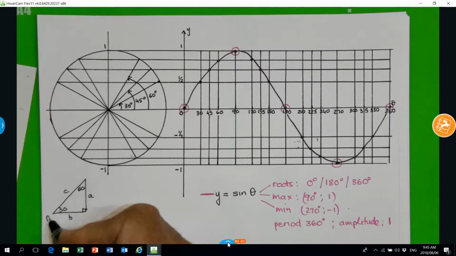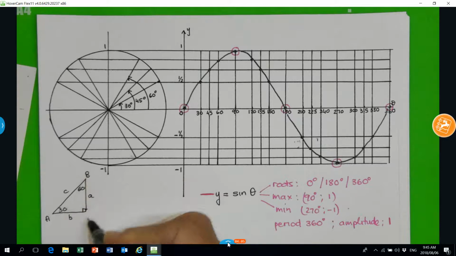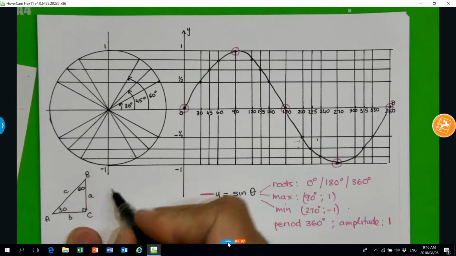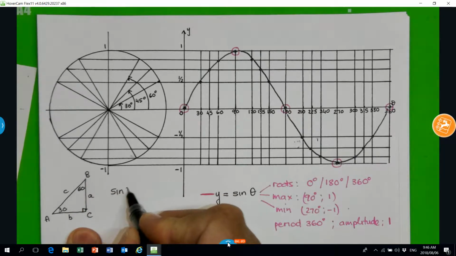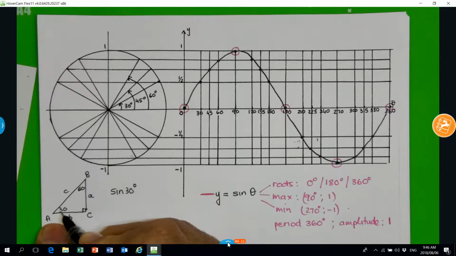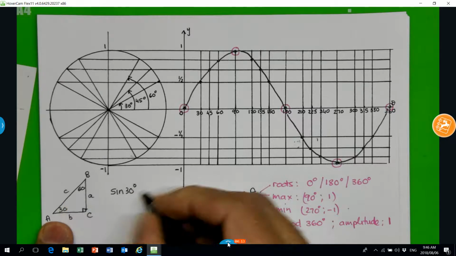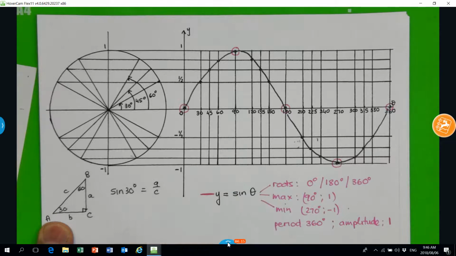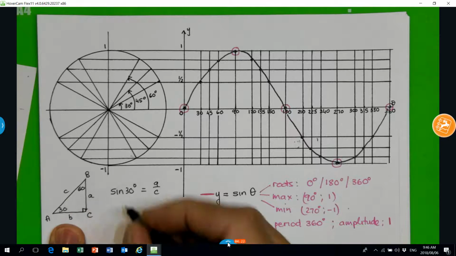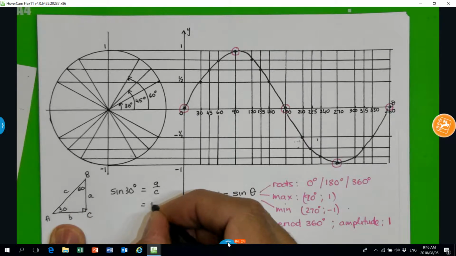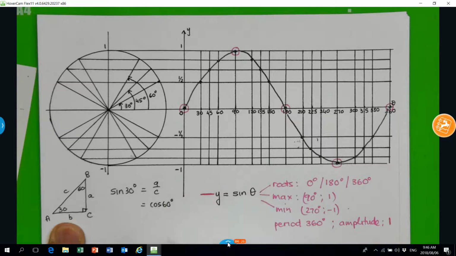This is angle A, that is angle B, and the right angle is at C. If I take the sine of 30 degrees, it is opposite over hypotenuse, so it will be A over C. But we see that that's also the cosine of 60, which is also adjacent over hypotenuse. So this is equal to the cosine of 60, the complementary ratios.